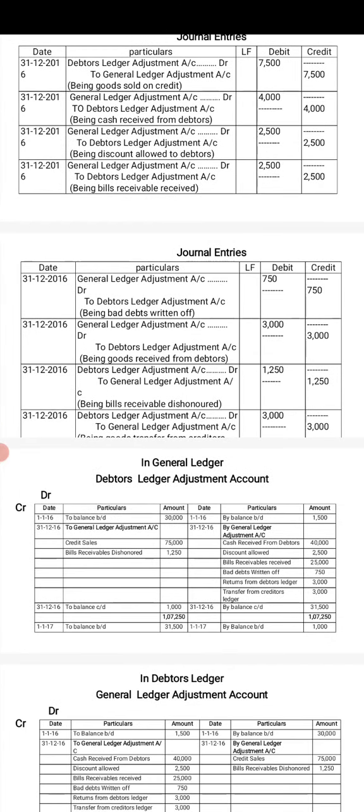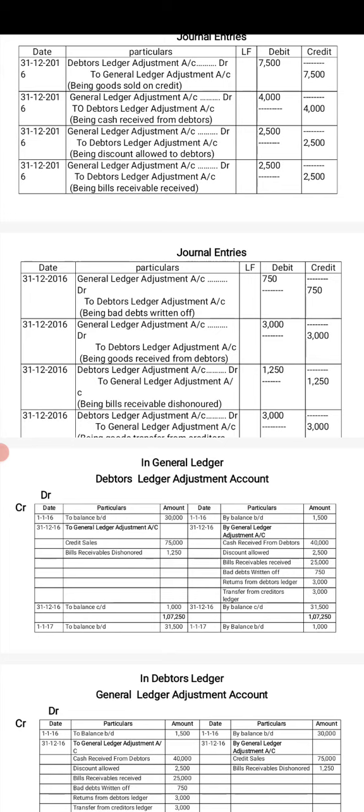Now we'll see the ledger accounts. First, in the general ledger, we have to prepare the debtors ledger adjustment account. The format will be dates, particulars, amount, dates, particulars, amount, so debit side and credit side.